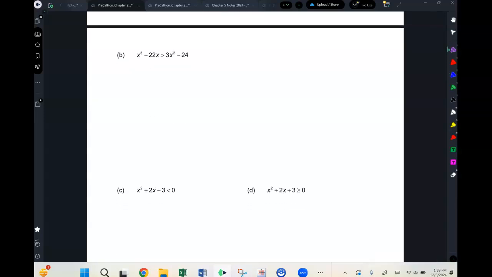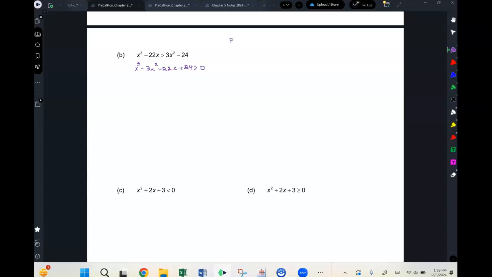Okay, so here we go. Bring everything to the same side. x cubed minus 3x squared minus 22x plus 24 is greater than 0. We can't factor this one directly.